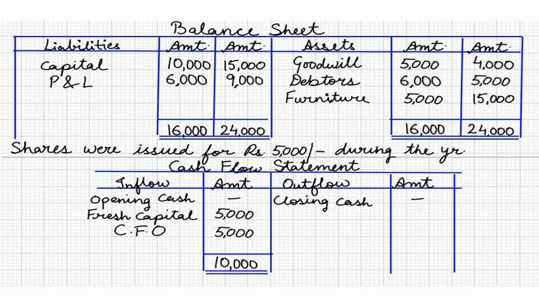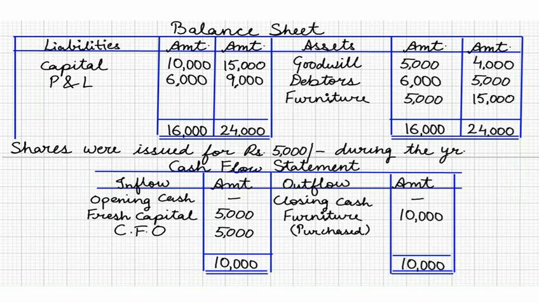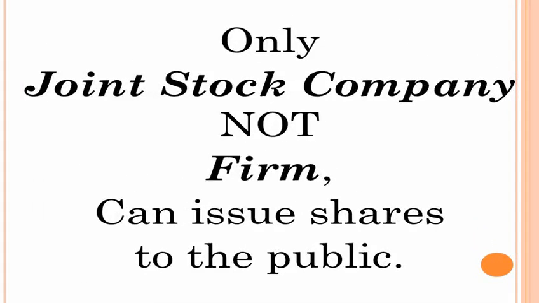Cash from operation 5,000, total 10,000. On the outflow side, furniture purchased 10,000, total 10,000. So this is the cash flow statement.